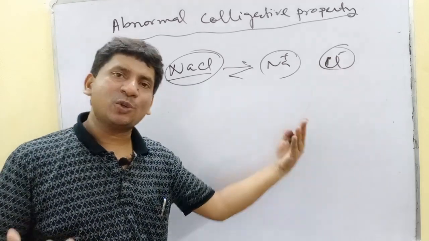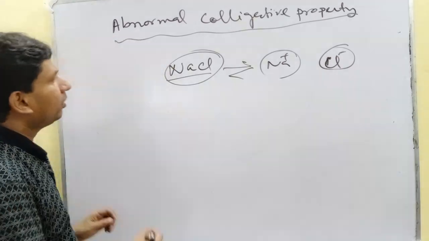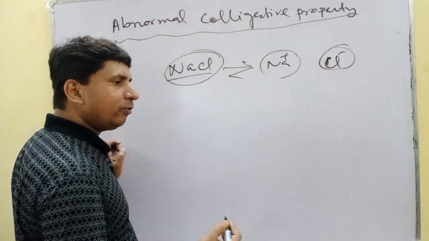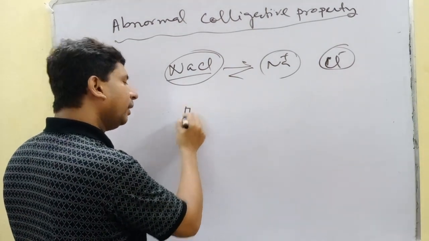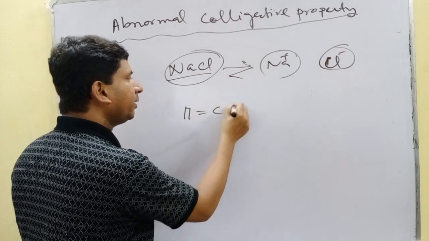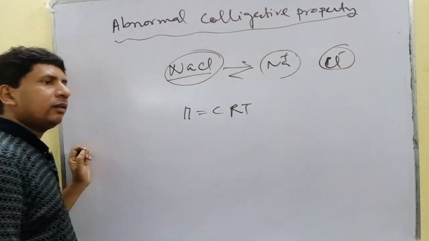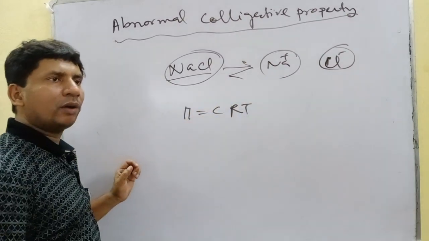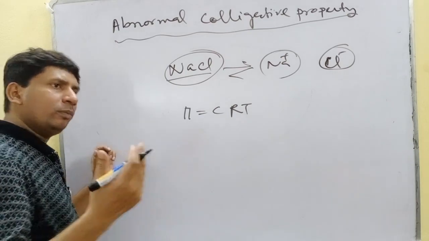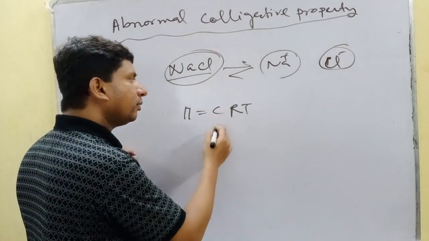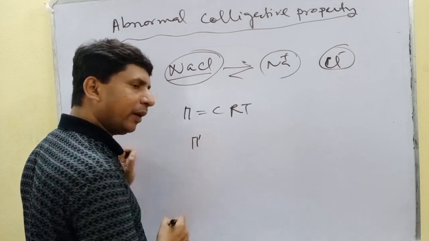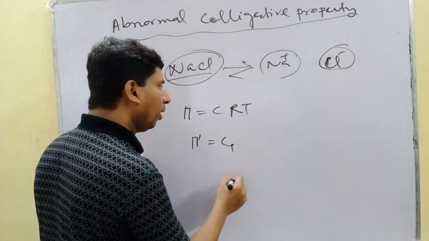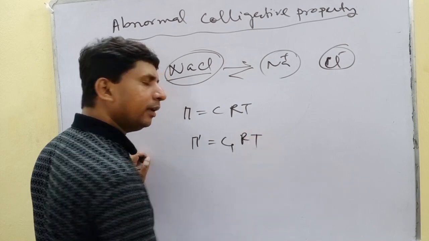colligative property also changes. For this reason, Van 't Hoff introduced a factor. Let us consider osmotic pressure equal to CRT, but since the concentration or number of moles per liter will be changed, then C will be changed, then it will be pi dash equal to C dash RT.